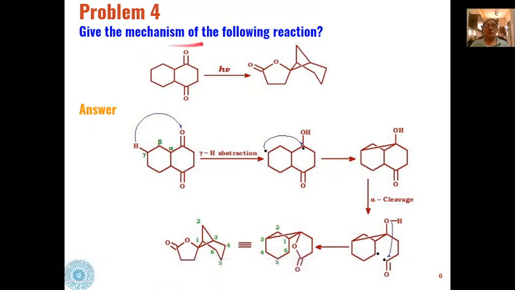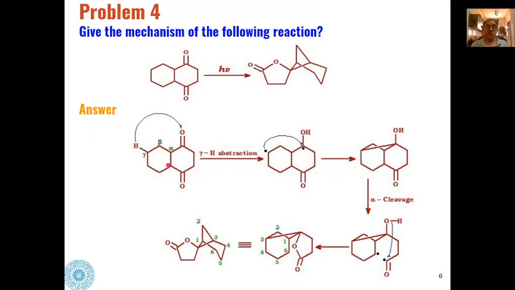The fourth problem is the mechanism for this reaction. This 1,4-diketone is converted into this type of tricyclic ester.